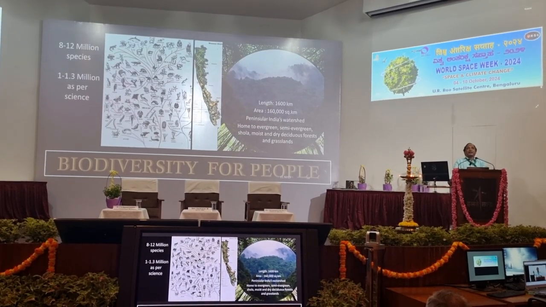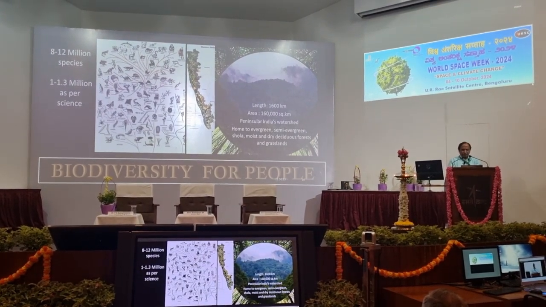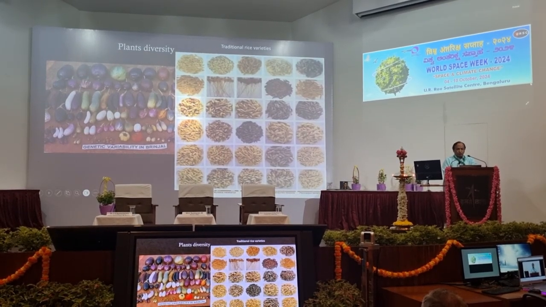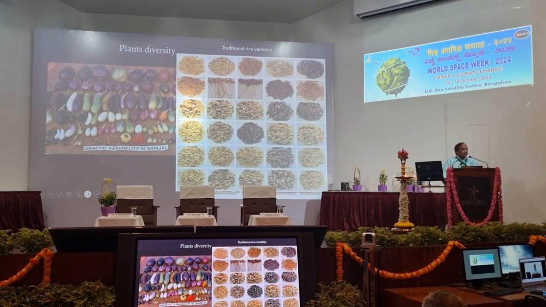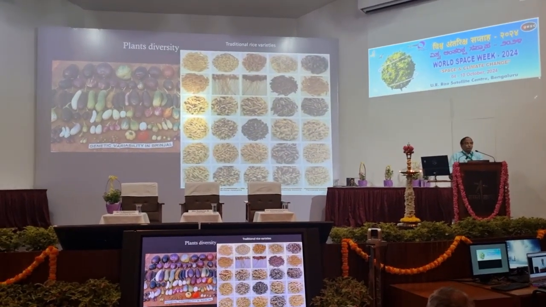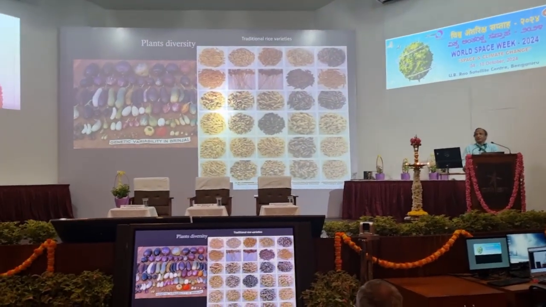If we have those varieties of plants and animals, you can create wonders. Now, I will give you an example of that. Look at this. In one taluk in Uttar Kannada district where I work, I have 54 varieties of rice. Some are for fragrance, some are for yield.